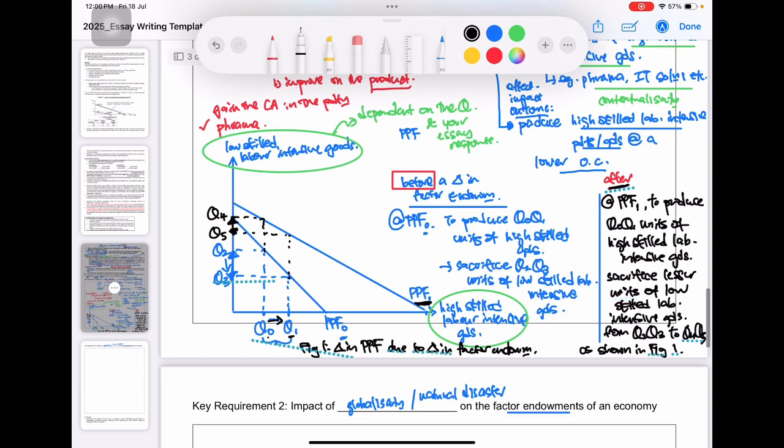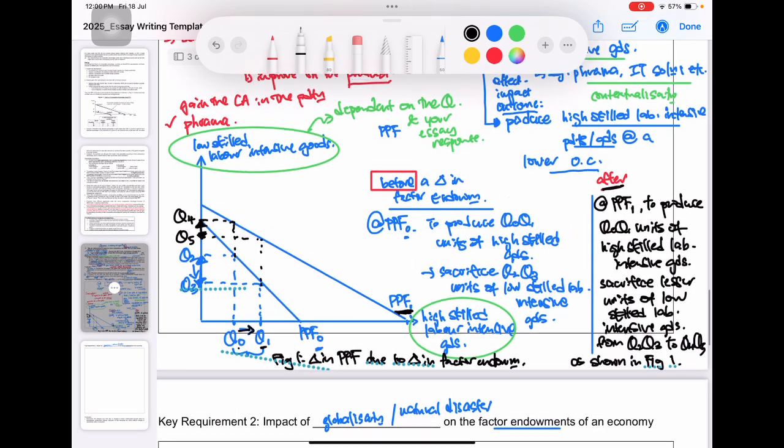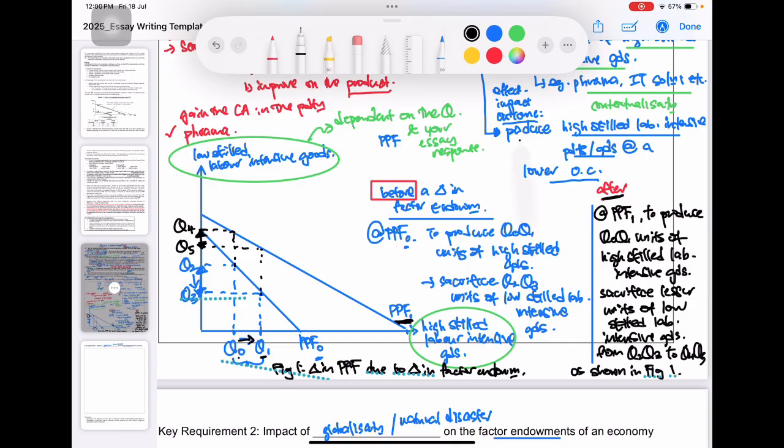Okay, so this is the technical explanation using the diagram, and because the keyword over here is able to produce, let me put it in red color: able to produce the high-skilled labor-intensive product at a lower opportunity cost. So this is the change due to the change in factor endowment. This is the effect. To show the effect, we use the diagram, and you are able to see that the PPF shifted outwards.